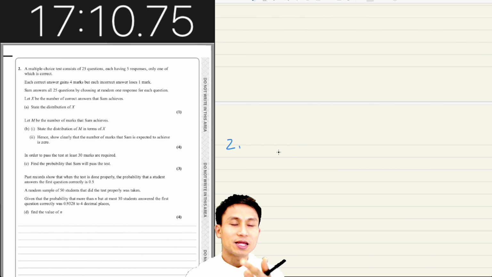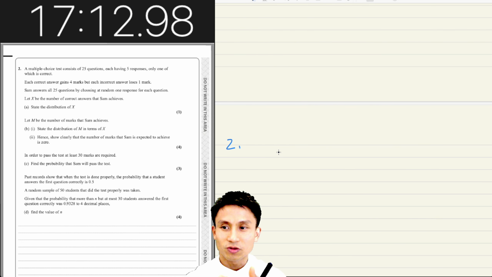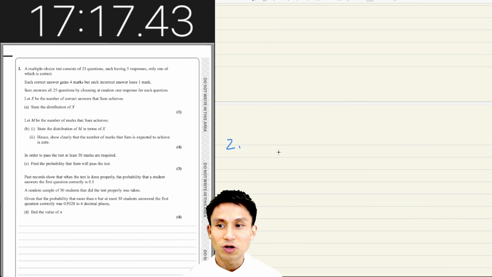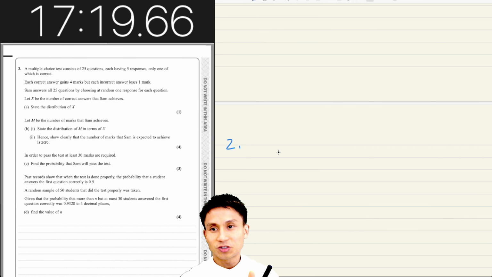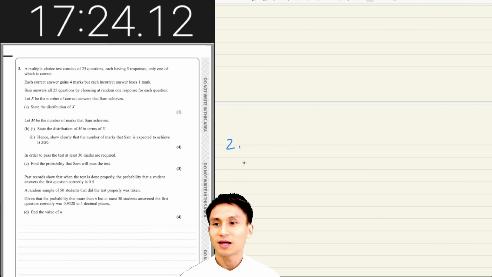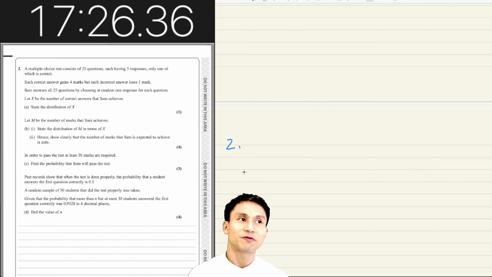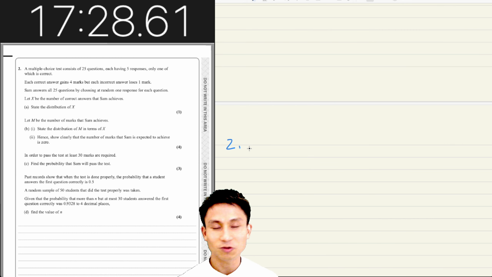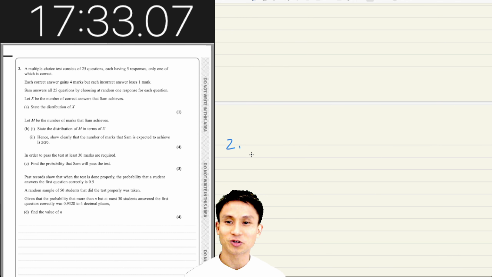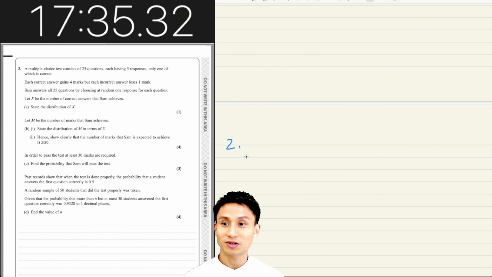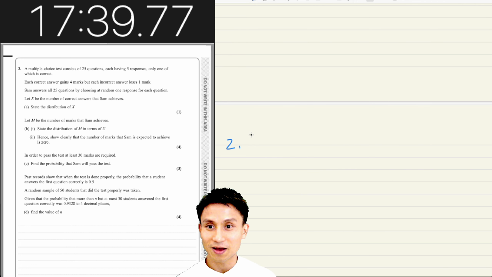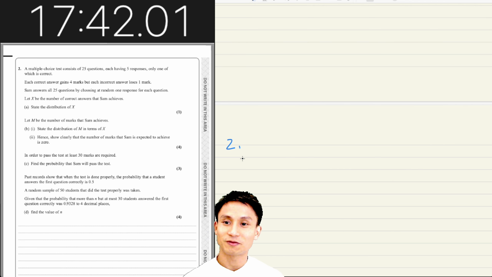Distribution in this case would mean how do we model X, right? So do we model it as Poisson, binomial, or normal? This is discrete because you can't have 4.5 questions be correct. And because each question has a fixed probability of getting it correct, which is, if you randomly guess a multiple choice question's answer, because there are 5 choices, you're going to have 20% chance of getting it right.